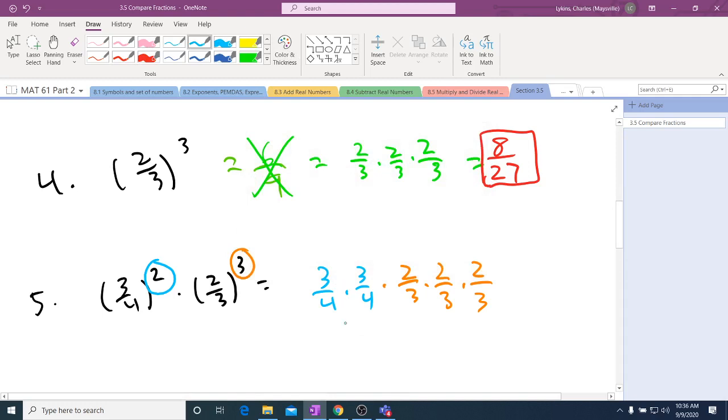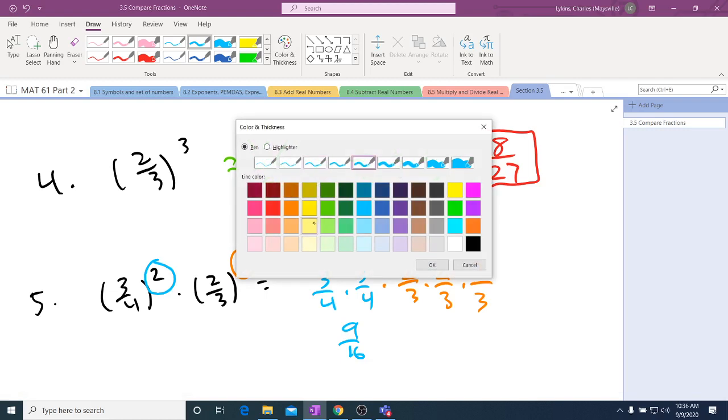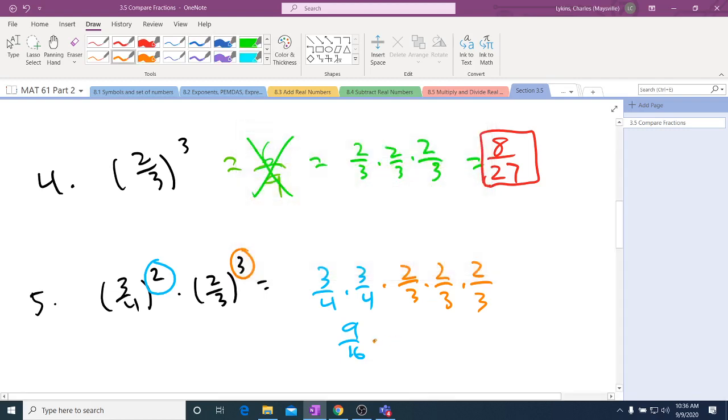So 3/4 times 3/4 is 9 over 16. 2/3 times 2/3 times 2/3 is 8 over 27.